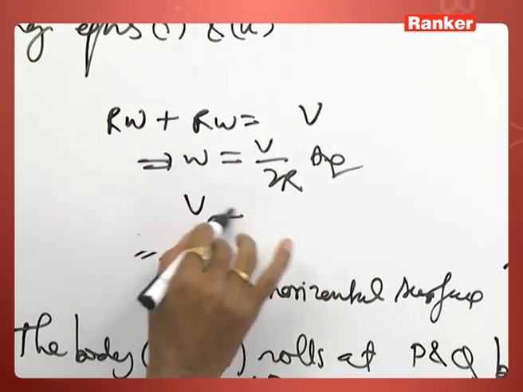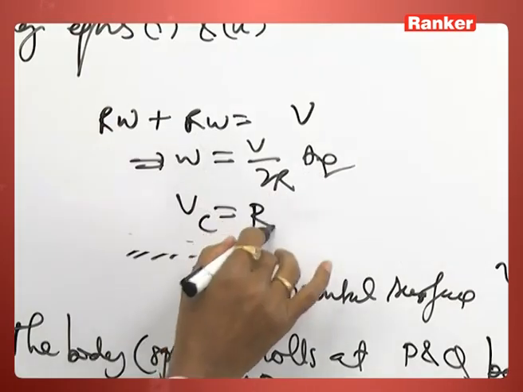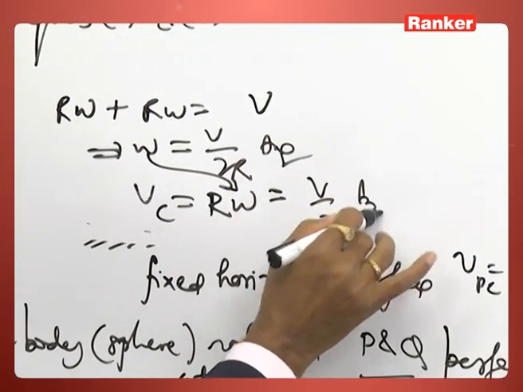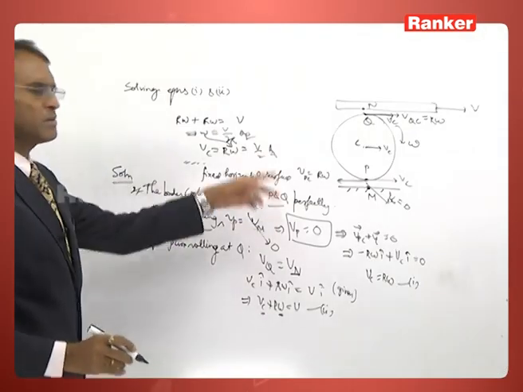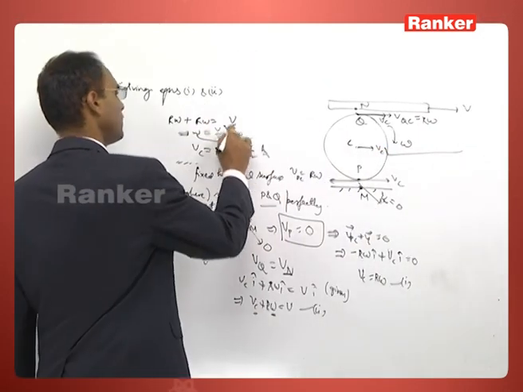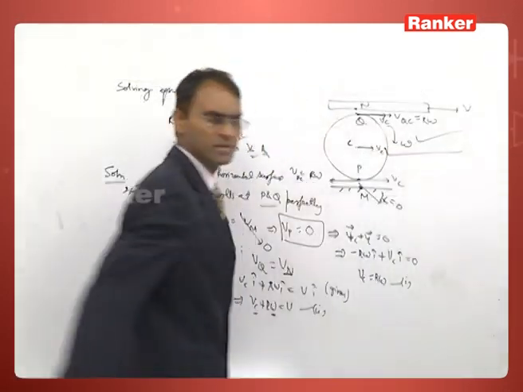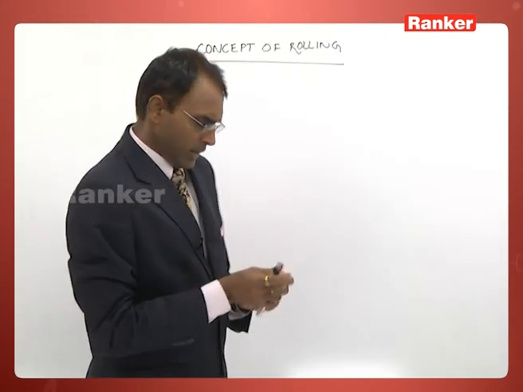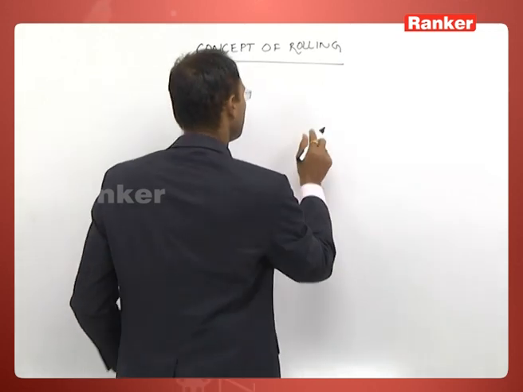And Vc is equal to r omega, you substitute omega, that's equal to V by 2, answer. So Vc is equal to plus V by 2, our assumed direction is correct. Omega is plus V by 2r, our assumed direction is correct. This is a nice problem. Let us take another example.